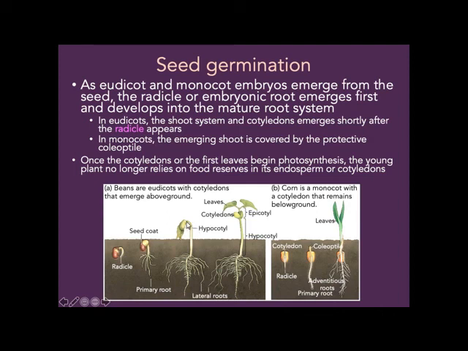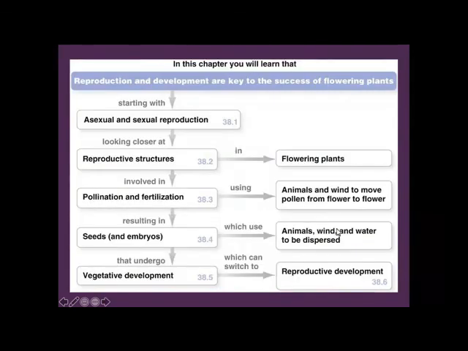It looks like this. So we have the two cotyledons on either side. Okay. In monocots, the shoot as it's coming up is covered by a protective coleoptile, like this. There it is. And then once the first leaves begin photosynthesis, then the young plant doesn't really need the original cotyledons anymore, and so they'll dry up and fall off.